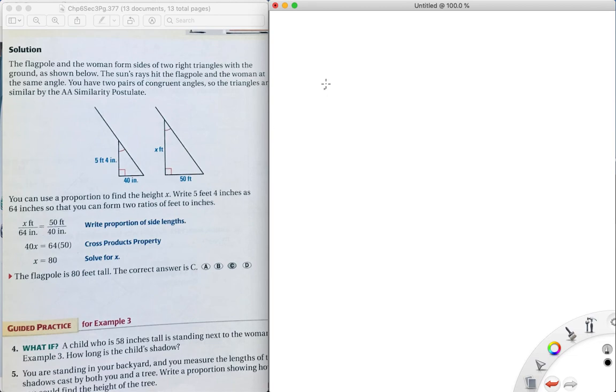So if you notice, the units on the top is feet, while the units on the bottom is inches. So essentially this is big, meaning the flagpole, over small, meaning the person.